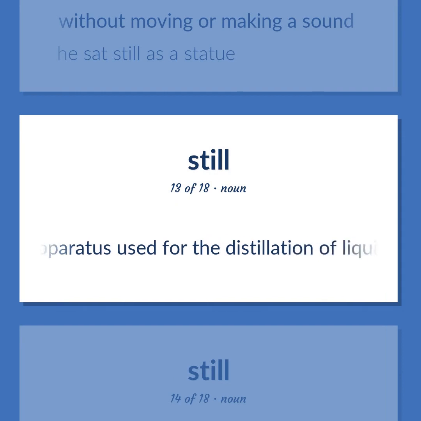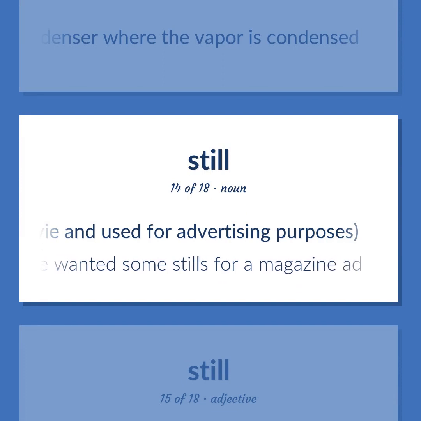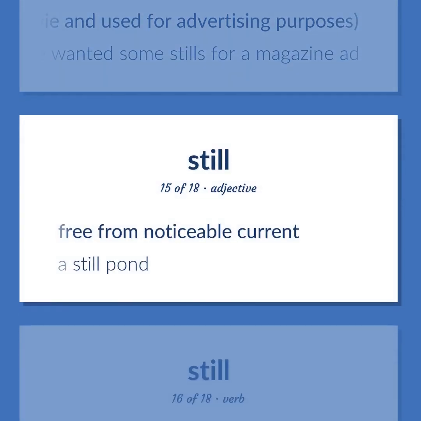An apparatus used for the distillation of liquids. Consists of a vessel in which a substance is vaporized by heat and a condenser where the vapor is condensed. A static photograph, especially one taken from a movie and used for advertising purposes. He wanted some stills for a magazine ad. Free from noticeable current. A still pond.